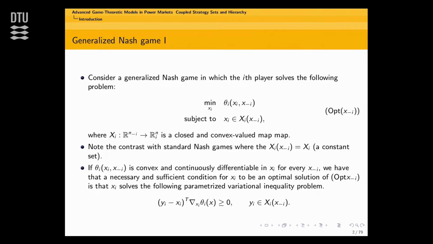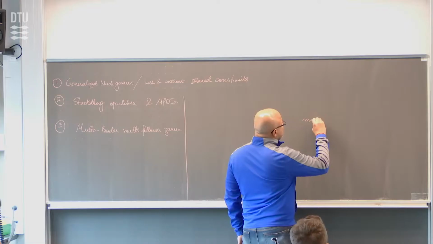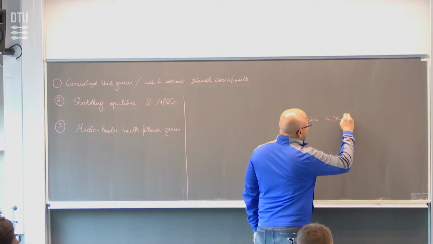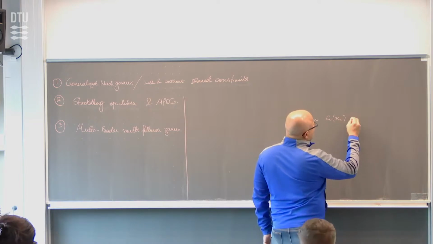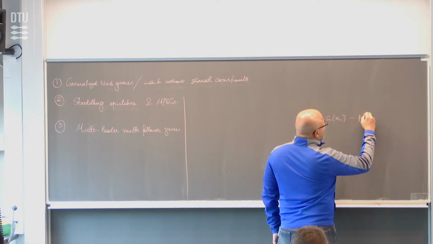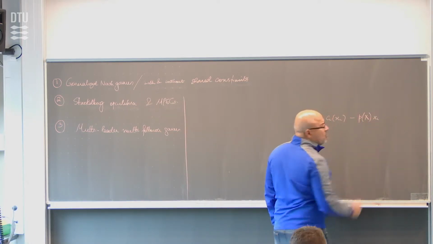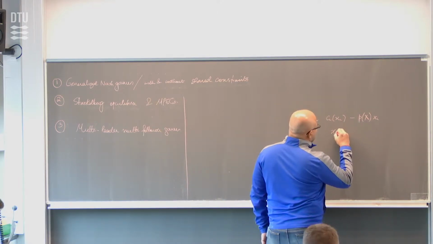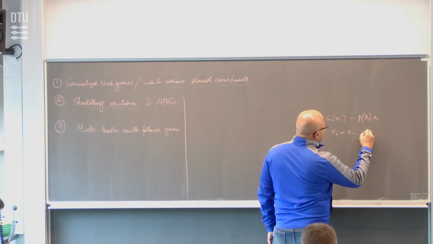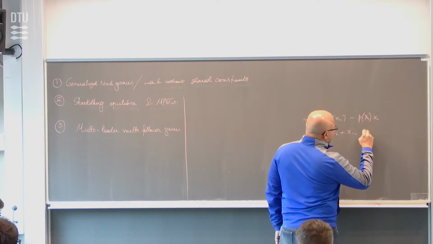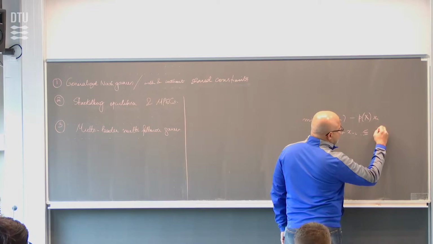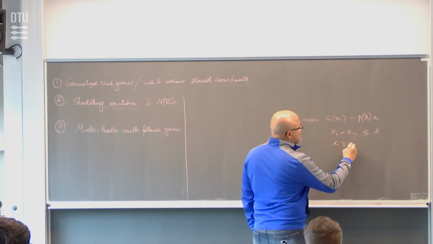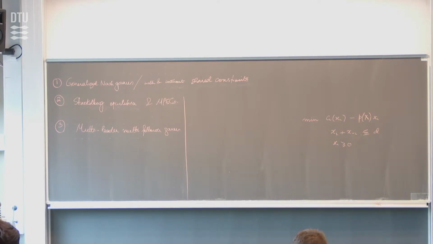So for instance, if you had a situation where this is a simple case, a Cournot game, if I imposed a requirement that x_i plus x_{-i} could not be greater than some level d, that's a very special class of that mapping.